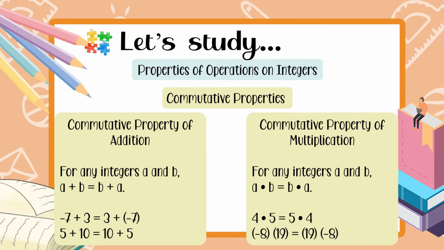So, ang ibig sabihin, kahit baliktarin natin ang order ng mga numbers na pinagmumultiply natin, the product would still remain the same. So, pag commutative property, kahit baguhin mo yung order ng mga numbers, kahit pagpalit-palitin mo sila, the product or the sum will always be the same.